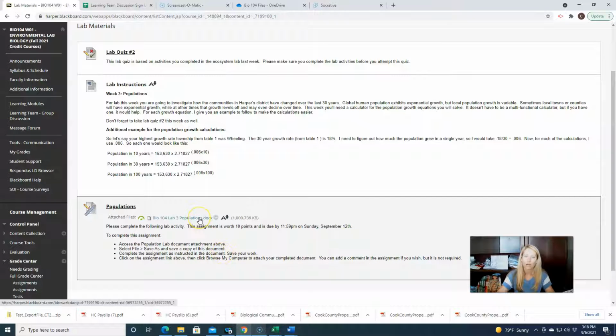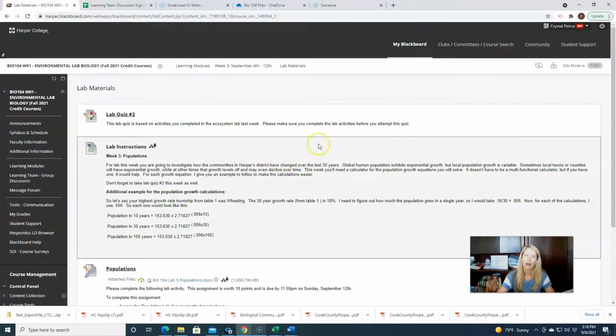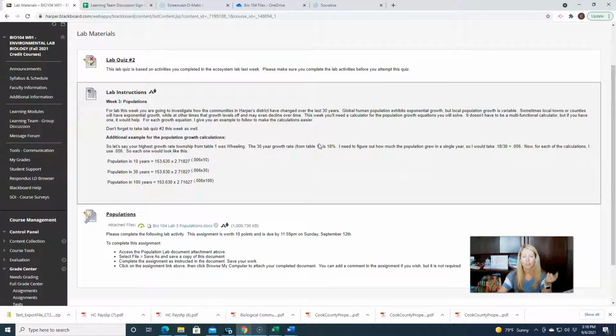But after you download the document itself and complete it, you just actually hit the title of the assignment, which in this case is populations, and it takes you to the submission page where you'll actually just attach a file right here. So remember, you only get 1 attempt for these. So if something does happen and you accidentally upload the wrong copy or the wrong version, you can just email me the correct one. I'm fine with that. Or you can email me and have me reset the assignment for you, and then you can submit the right one that you need to.